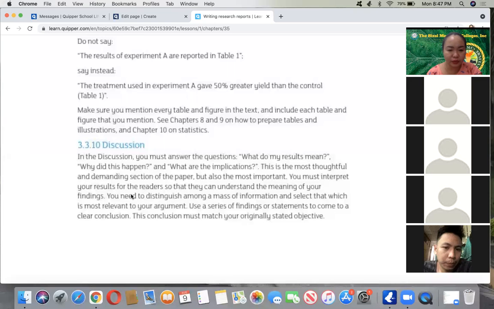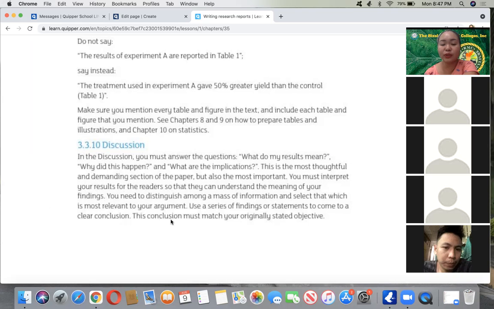And what else? Interpret your results to understand the findings and distinguish among the mass of information and select what is relevant to your argument, and use the findings or statements to come to a clear conclusion.